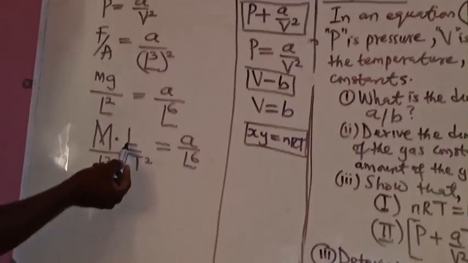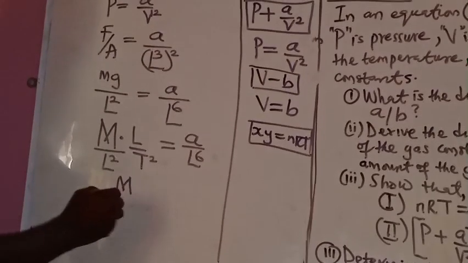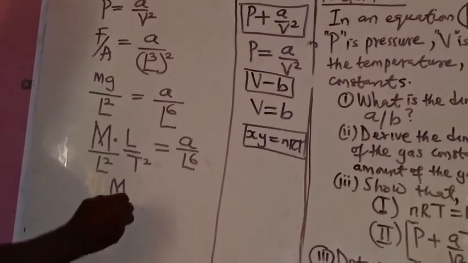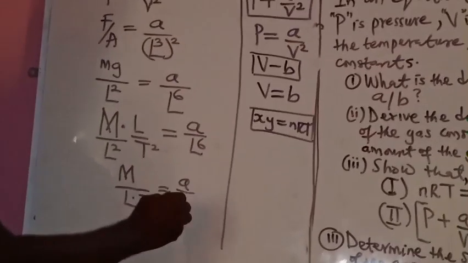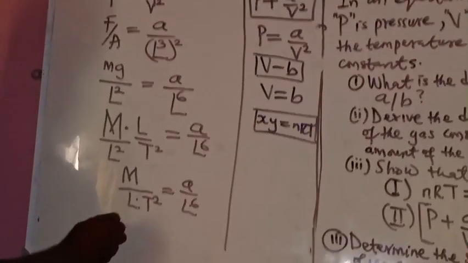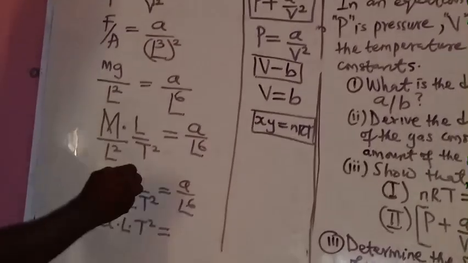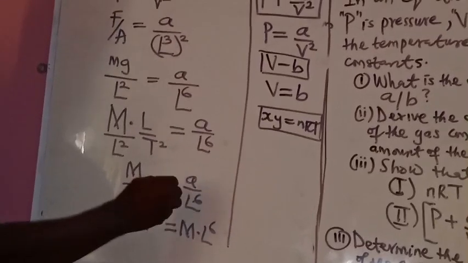One L here, two L here, so this reduces to 1: M over L, then T squared here, equals a over L to the power 6. If you cross multiply, you are going to have a times L times T squared equals M times L to the power 6.